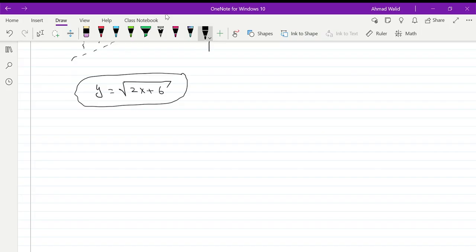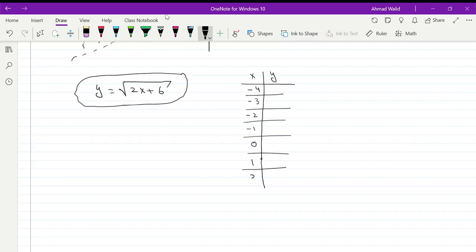Let's use a table and see what you can see here in this table. For example, let's start from negative 4, then negative 3, then negative 2, then negative 1, 0, 1, and some more, 2.